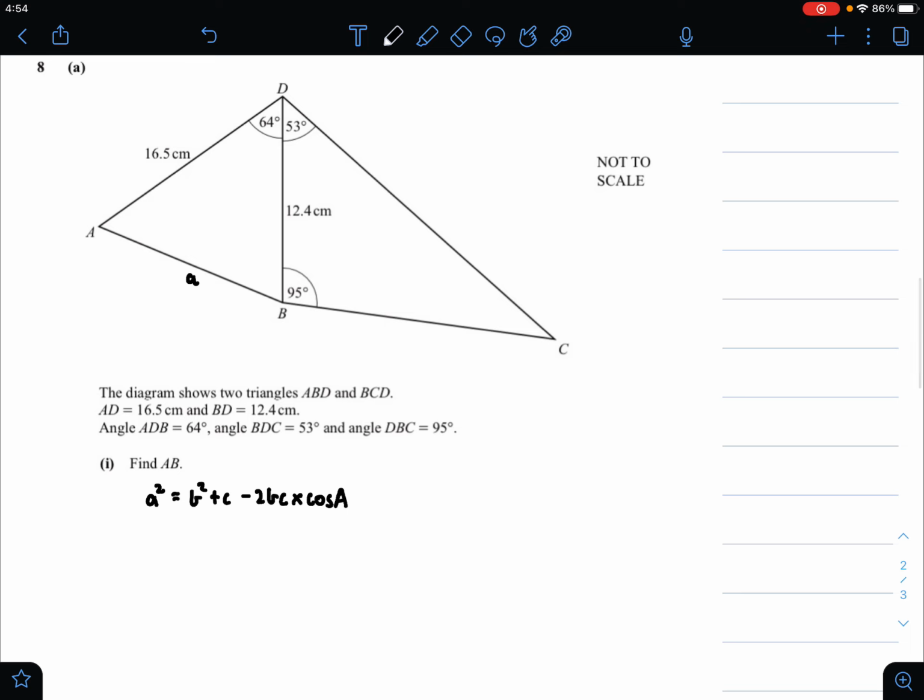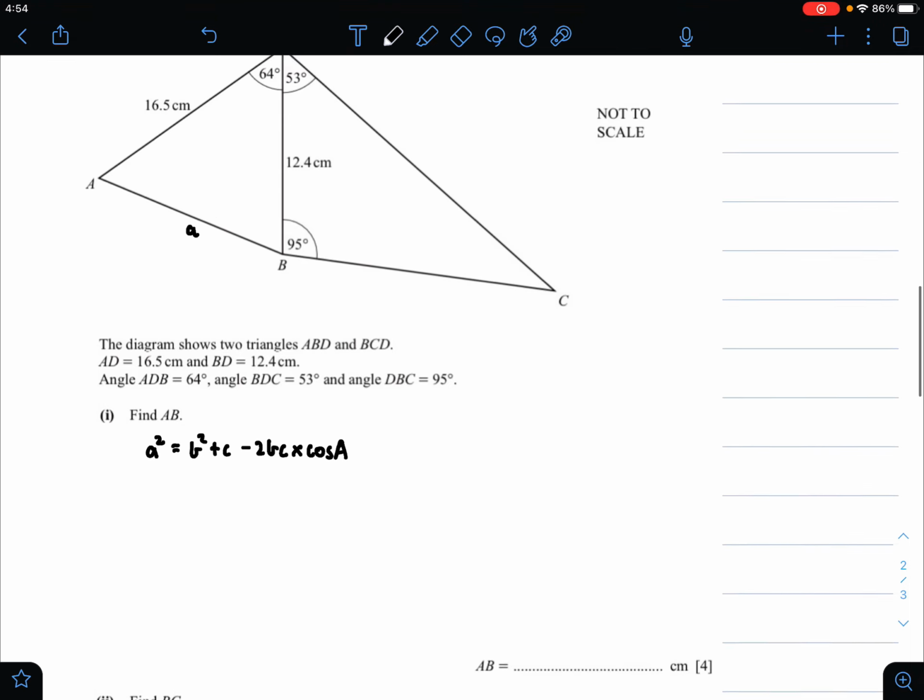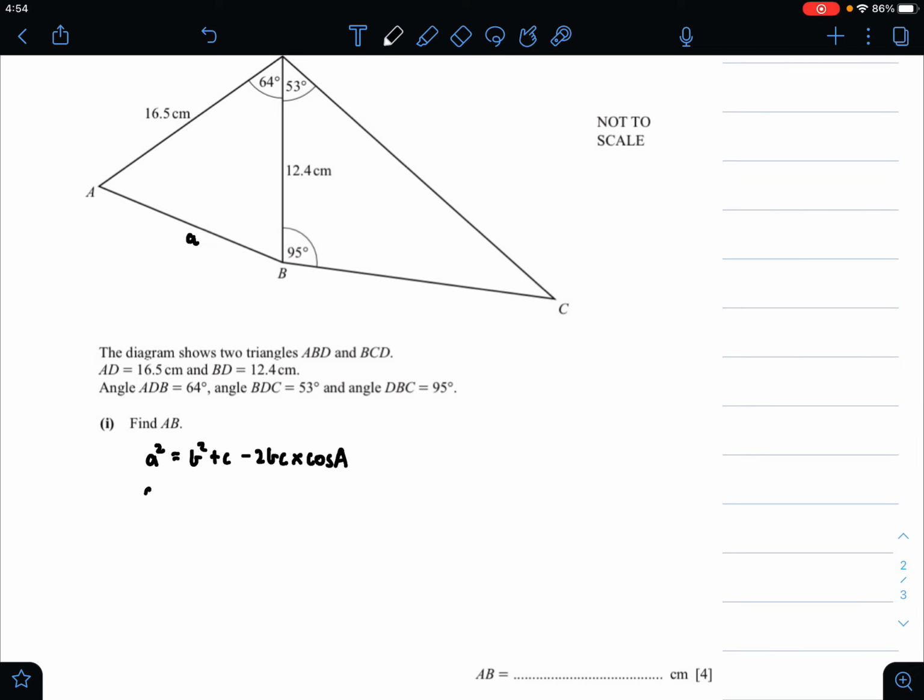And the cos rule states that we need at least two sides in a triangle and the angle in between both those sides to use the rule, which we have in this case. So let's substitute the values. Now a squared will stay as it is because we are finding small a, or we are finding the value of a. B and C you can take as any side of the triangle, that won't make a difference.